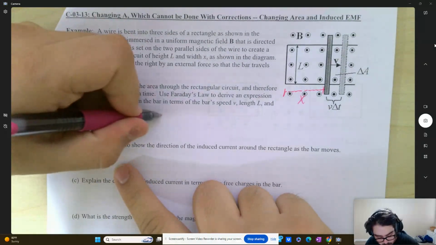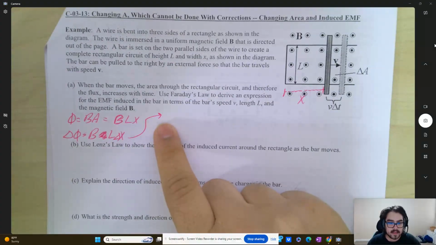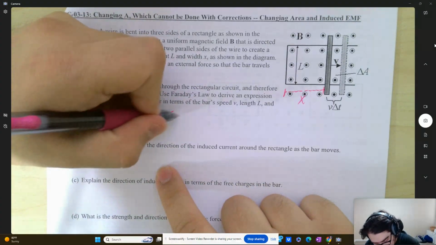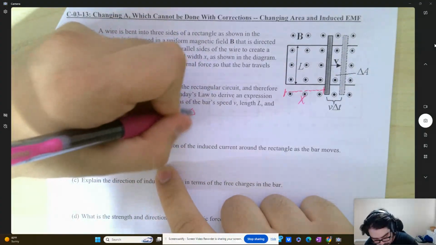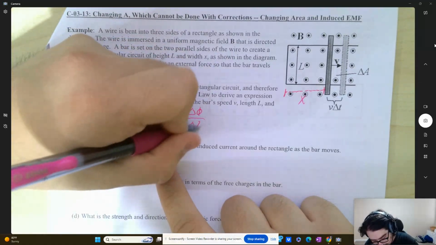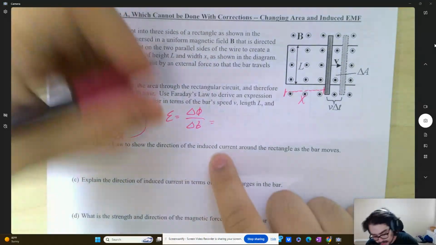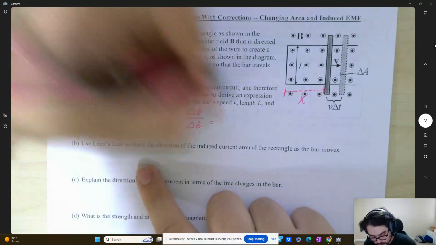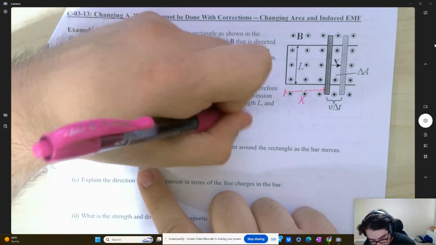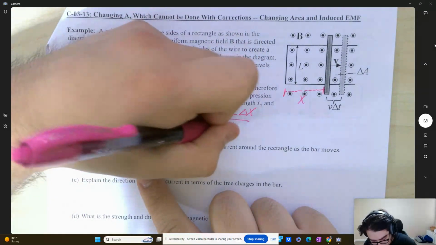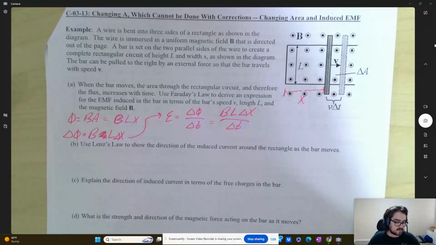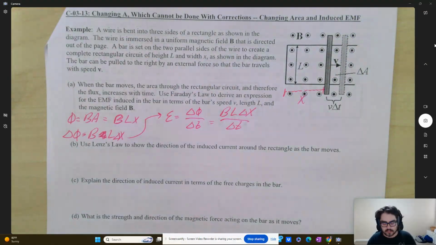So then you're going to plug that into Faraday's law, delta flux over delta T, and you'd plug in this equation right here, BL delta X over delta T. Now wait one second. Look at the equation that we just made.